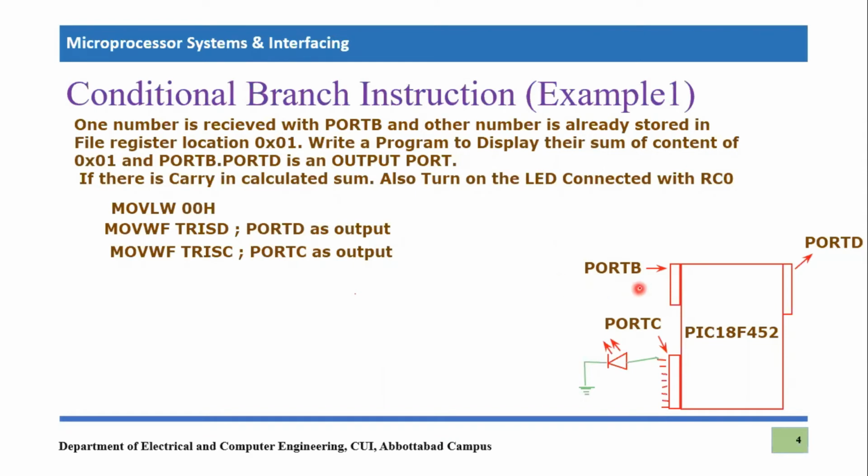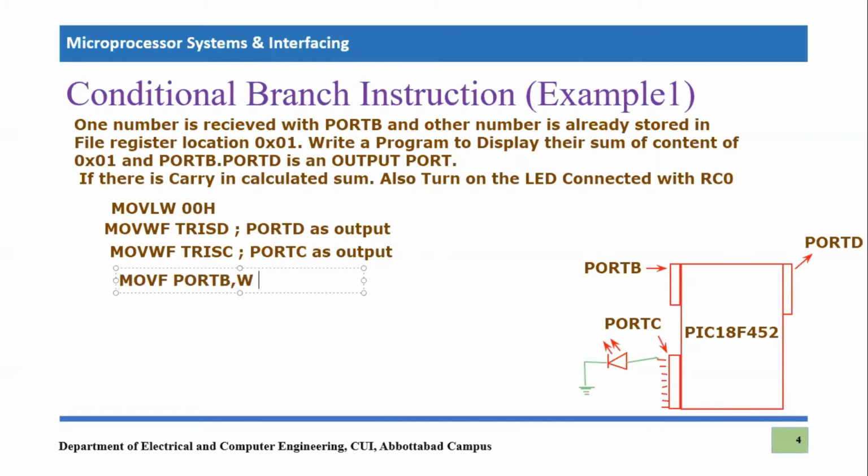Now we have to receive this value in a certain register, and then we can add that value with 01 hex, right? We know that we have an instruction by which we can move any file register, so we will be using that instruction, move F, move F port B. Whatever information is coming from port B, let's say we move it into W, not 00 hex.